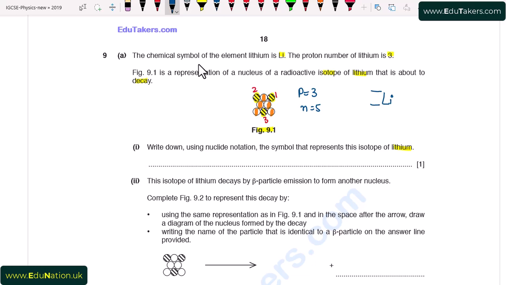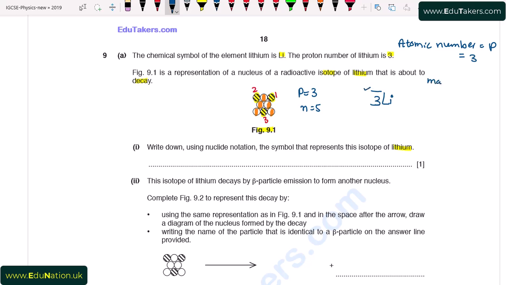So here we have to know about the atomic mass and atomic number. The number of protons is basically equal to the atomic number. I write here, atomic number is equal to number of protons. In our case, the number of protons is equal to 3. So I write here 3, and at this position we have to write the mass number.